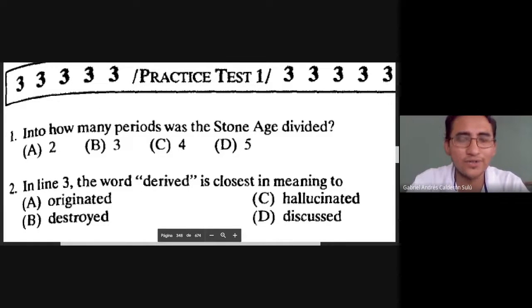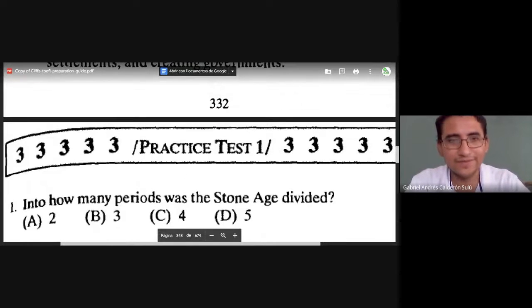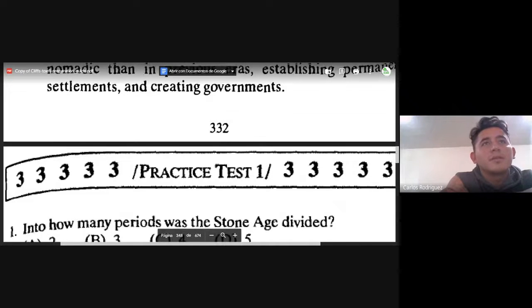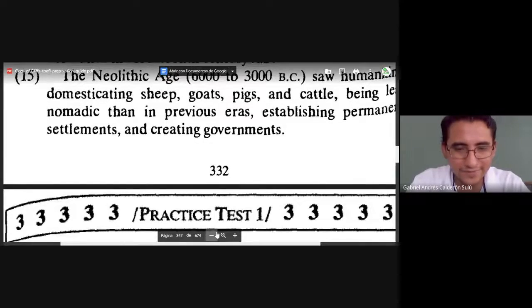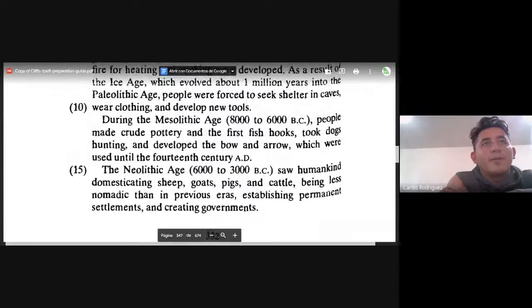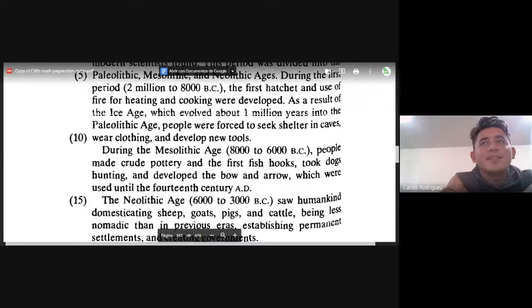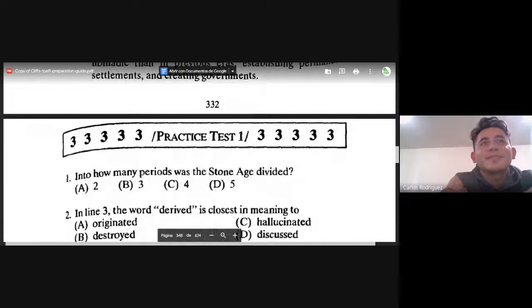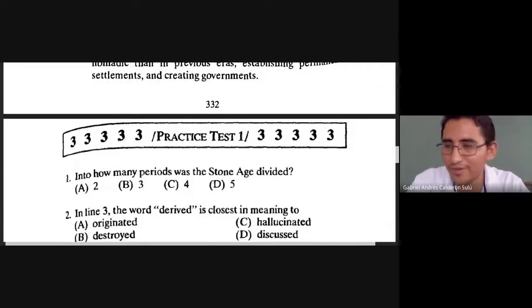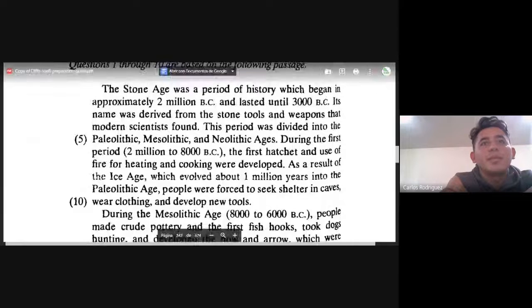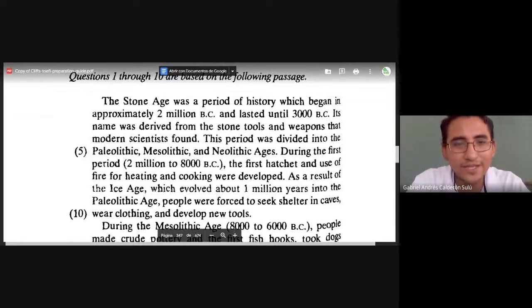The next tip is, give your own answer. How many periods? 3. Paleolithic, Mesolithic, and Neolithic. Here is the answer, and you confirm and check the answer, it is option B. Let's see. Yes, well done. So this period was divided into Paleolithic, Mesolithic, and Neolithic.